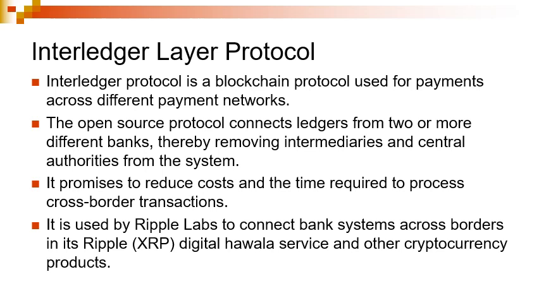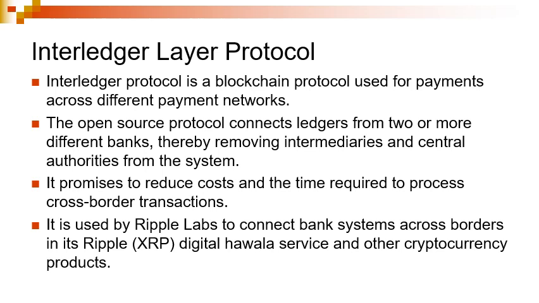If we want to do cross-border payments, if we want to exchange payments, then Ripple uses the Interledger protocol to connect 2 or more different banks, thereby removing the intermediaries and central authorities from the system.